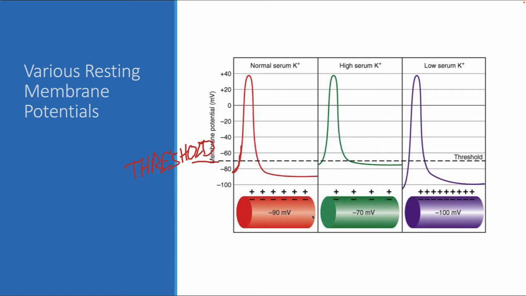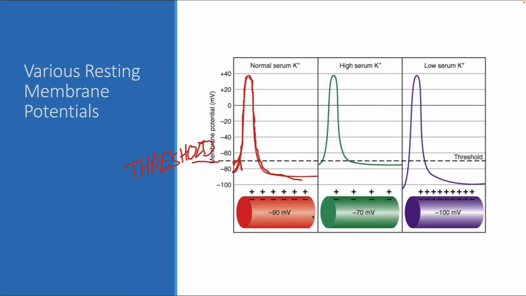Remember, with that threshold comes an all or none response. So as the electrolytes move, once they get to this point, there's an all or none response. It goes up, the electrical charge changes, then it comes right down, and it goes below the threshold, at which point it can't elicit another response until repolarization happens.